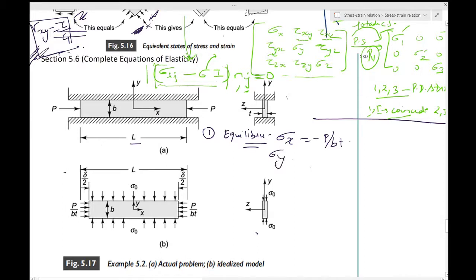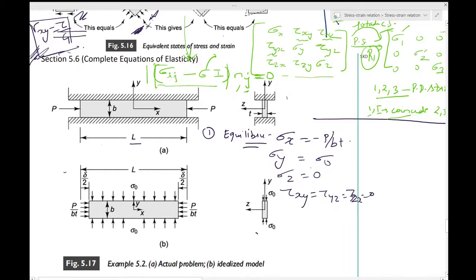Similarly, sigma y has to be equal to sigma naught, and sigma z is equal to 0. The shear stresses are all 0 just because there are no external shear stresses.